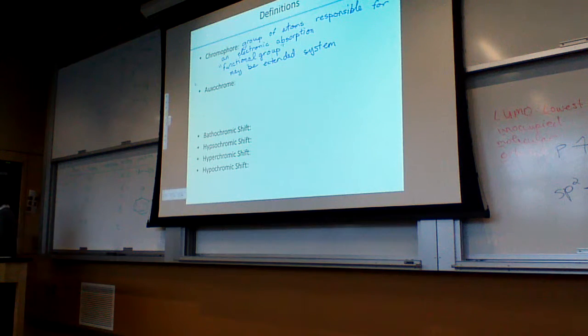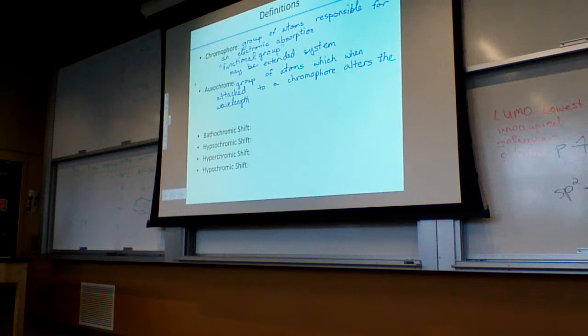An oxochrome is going to be a group of atoms which, when attached to a chromophore, alters the wavelength and intensity of absorption.